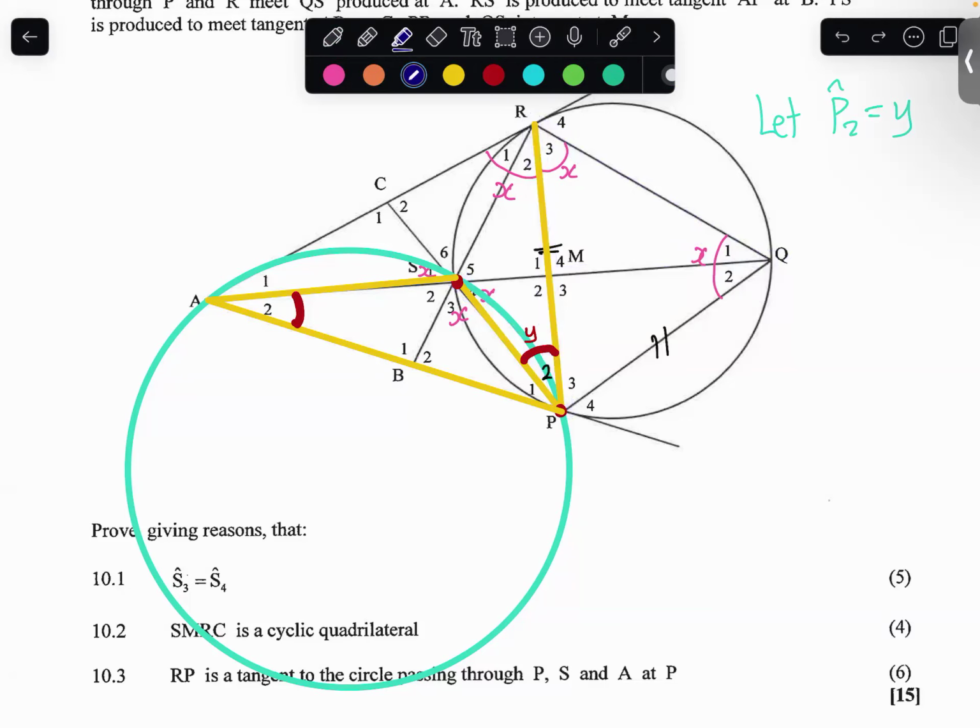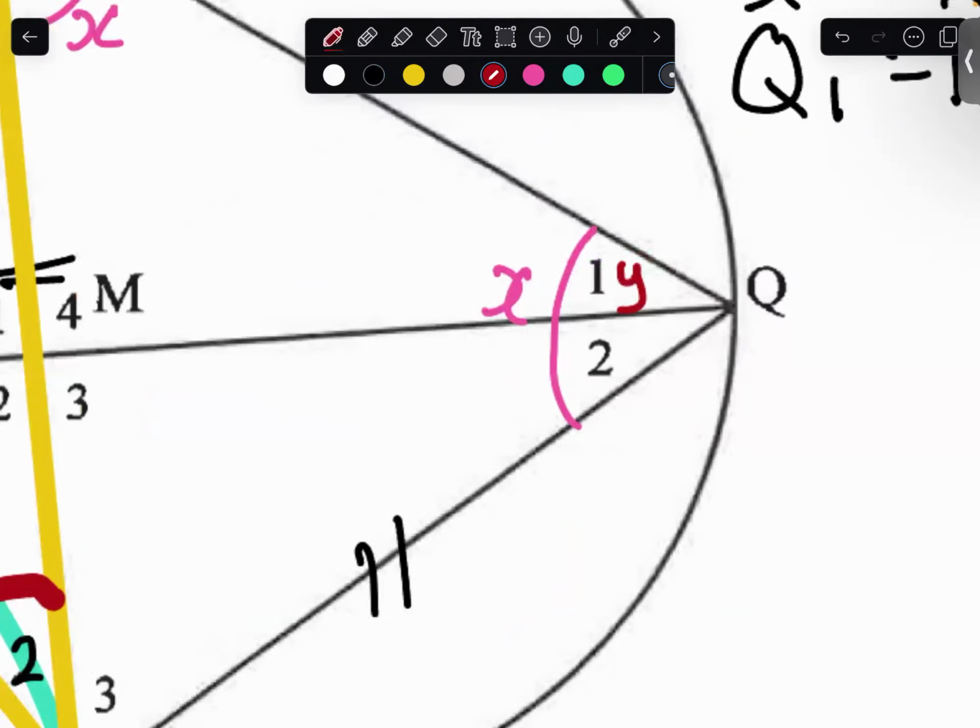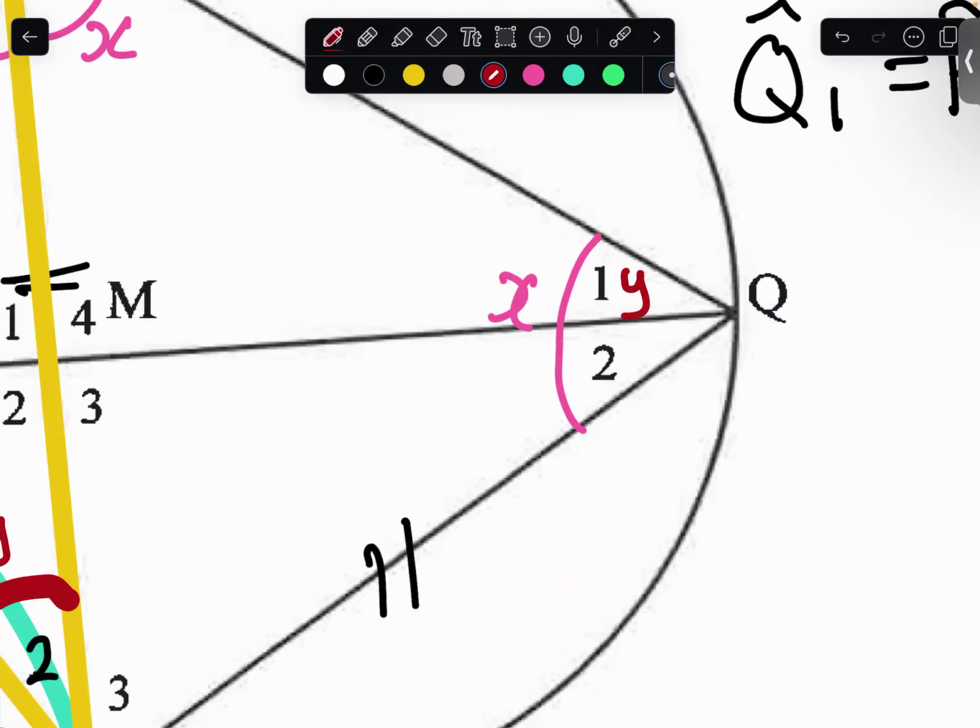So I'm going to say that angle Q1 is equal to angle P2, which is equal to y. And the reason is same segment. So angle Q1 is y, which automatically makes angle Q2 x minus y.